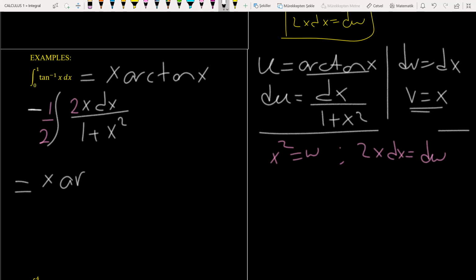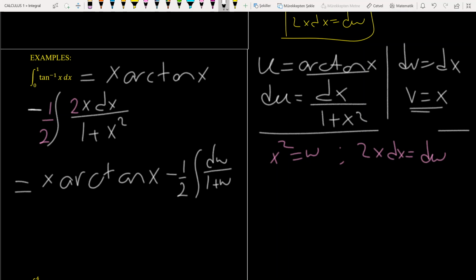Finally, we have x times arctangent x, and since 2x dx is dw, we have minus 1 over 2 dw over, instead of x squared, we have 1 plus w.